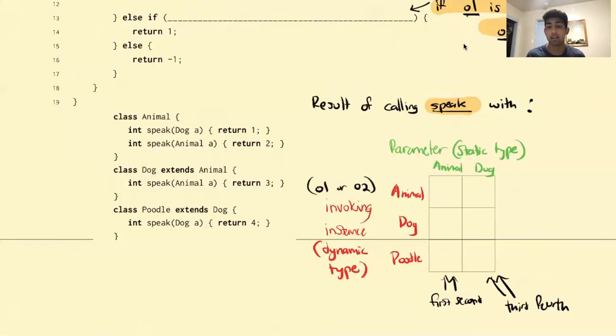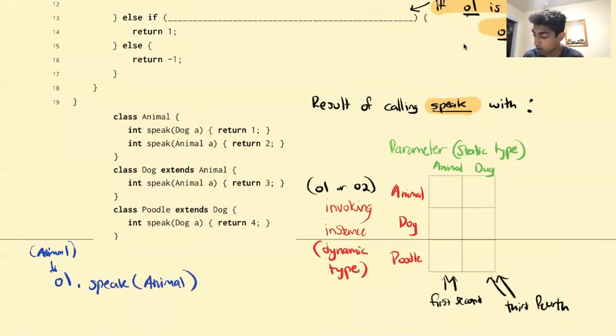If you guys are a little confused about what this chart is asking, I'll walk through one example and I think it'll make sense. Suppose that O1 is of dynamic type animal, and then we call O1.speak on some animal object.